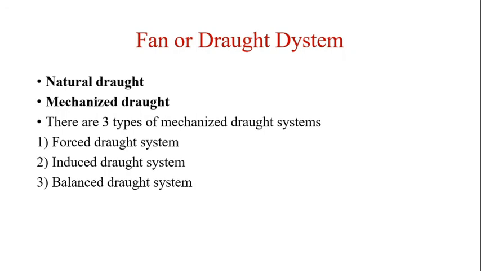Therefore, the unit pressure at the base of stack resulting from the weight of the column of hot gas within the stack will be less than the column of external cool air. The difference in the pressure will cause a flow of gas through the opening in base of stack. Also, the chimney is in the form of a nozzle, so the pressure at the top is very small and gases flow from the high pressure to low pressure at the top.